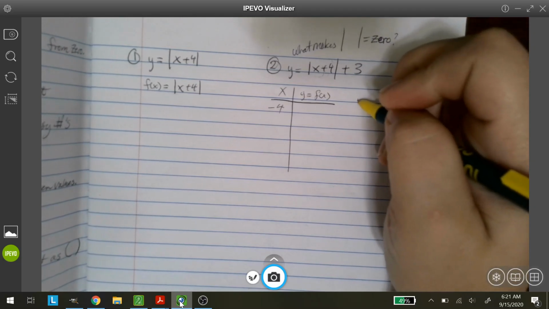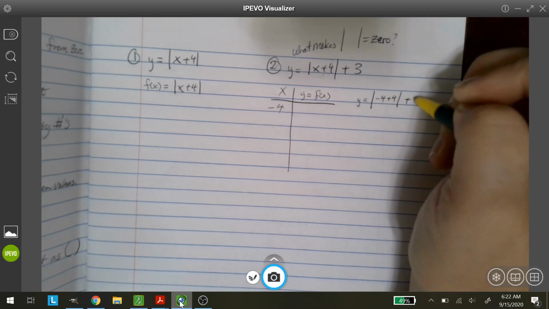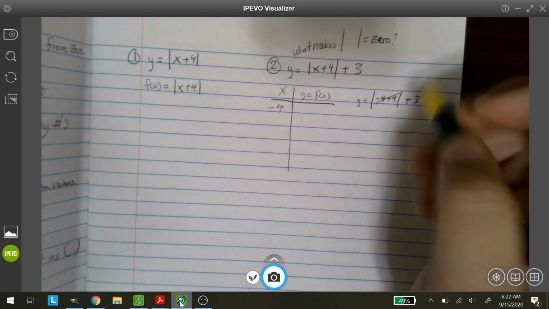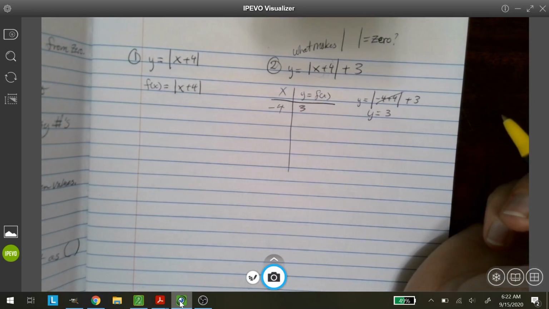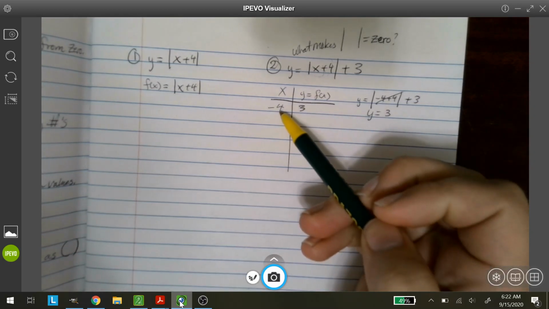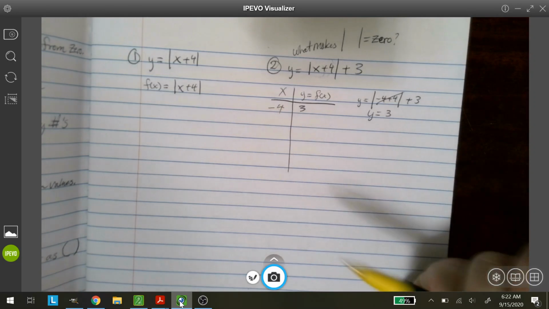So I've got 4 take away 4 is 0. I got 3. I'm going to pick a couple things bigger than this number, just a few bigger, and I'm going to pick a few things smaller than this number.